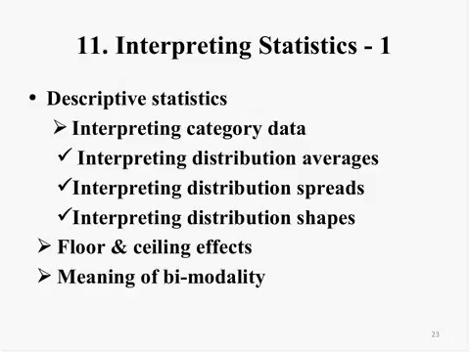Now, this is something I've not talked about in any of the previous webcasts. What floor and ceiling effects makes reference to is that the respondent's reaction to questions is artificially limited or bounded by the minimum and maximum scale values for a particular question. If you say, from +2 to -2, or from +5 to -5, you're artificially setting upper and lower limits.